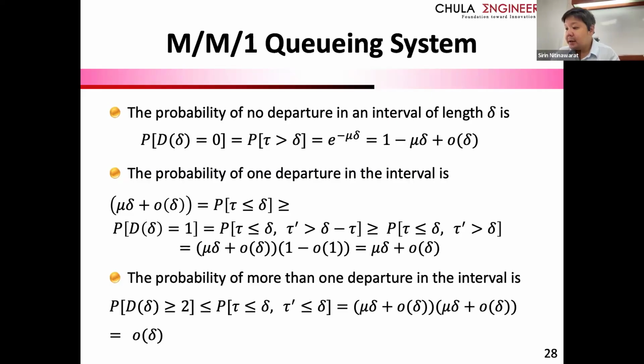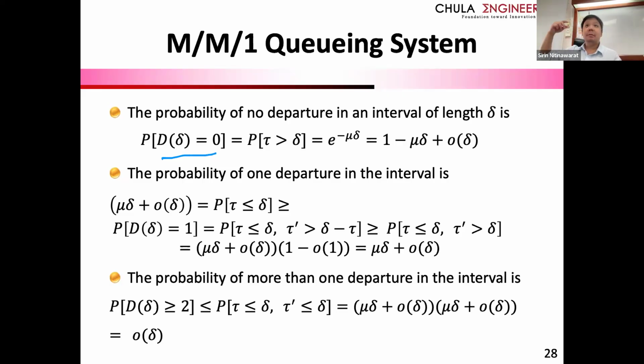So as a consequence, D of delta will not be incremented. So what's that probability? How do you calculate that?